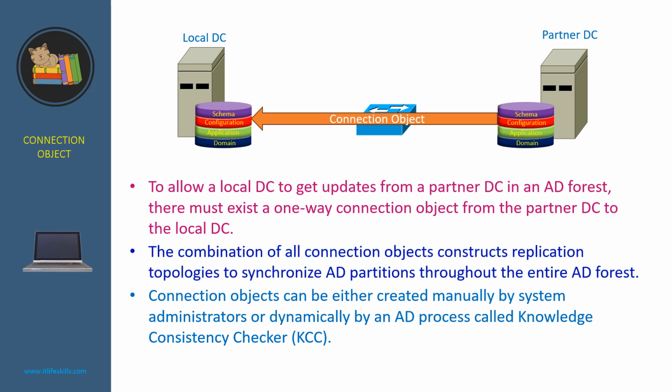The combination of all connection objects constructs replication topologies to synchronize Active Directory partitions throughout the entire AD forest. Connection objects can be either created manually by system administrator or by an AD process called knowledge consistency checker.